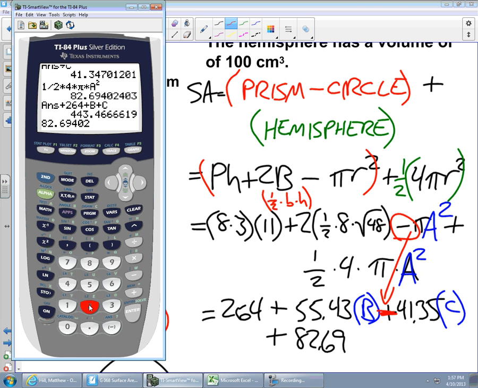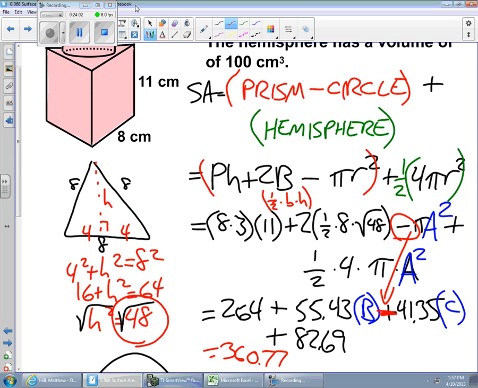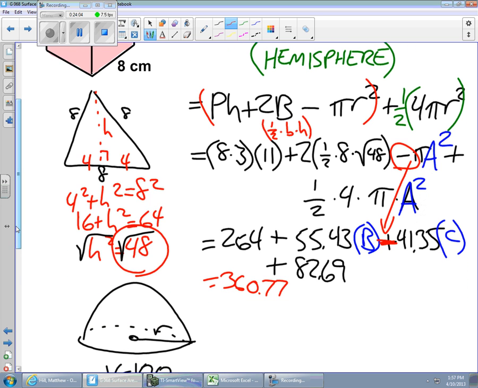I'll get some of the decimal points. Plus B, minus C, and plus 264. All right, so 360. Okay, what are the units of measure? Centimeters squared. Okay.